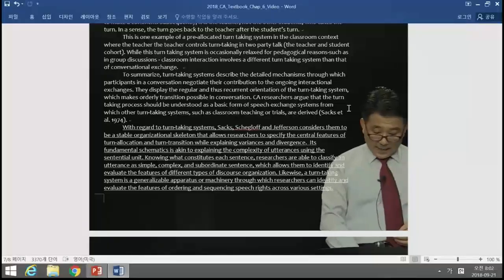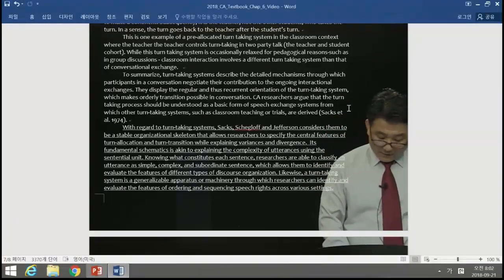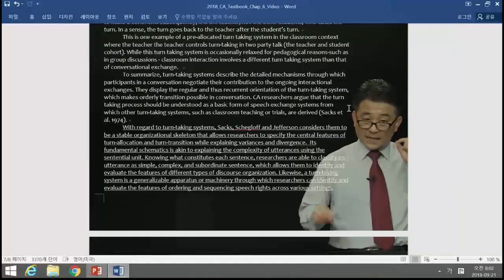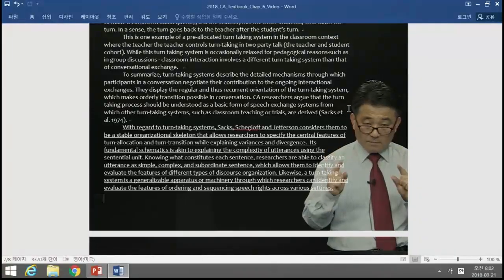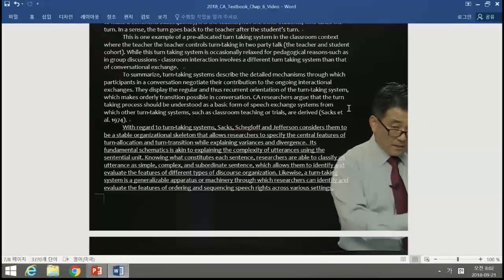So I have a sort of analogy here in thinking about the conversational system using the sentence. The system called the sentence is one way for us to categorize language. So if we have the system called the sentence, then we can say there's a simple sentence, complex sentence, coordinate sentence, and so on.